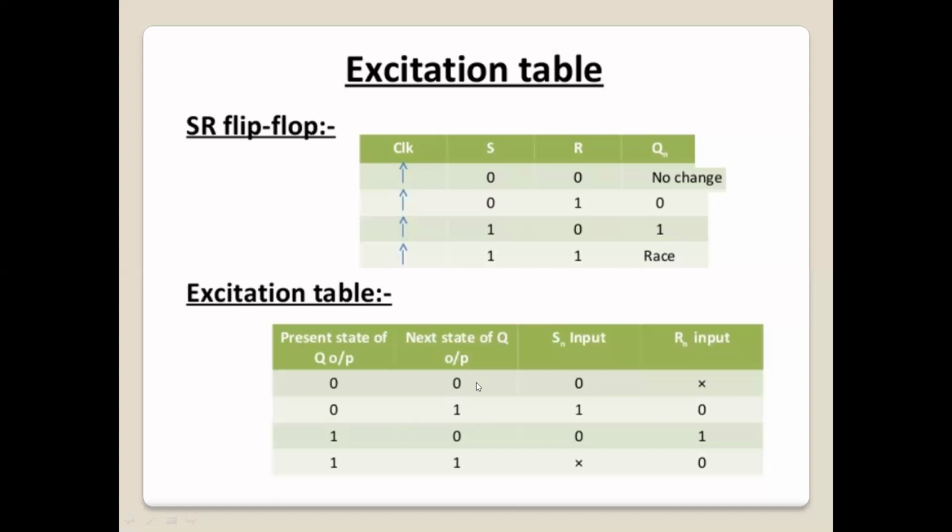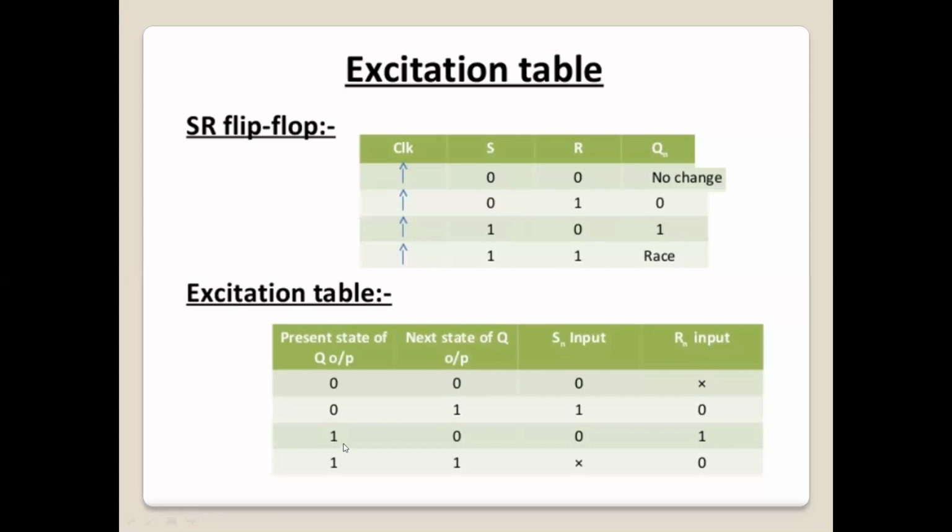We can see here next state to be 1, we can see for only this condition, S equal to 1 and R equal to 0. So we can take that one, S equal to 1 and R equal to 0. No other input condition is matching for this particular output condition. So we can take 1 0.